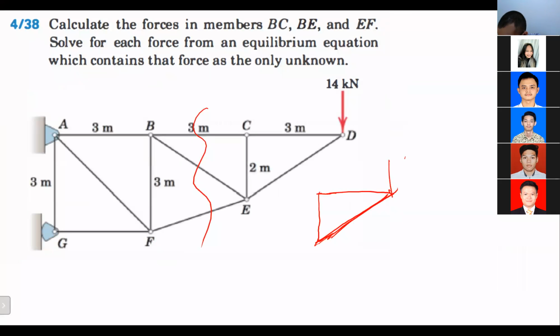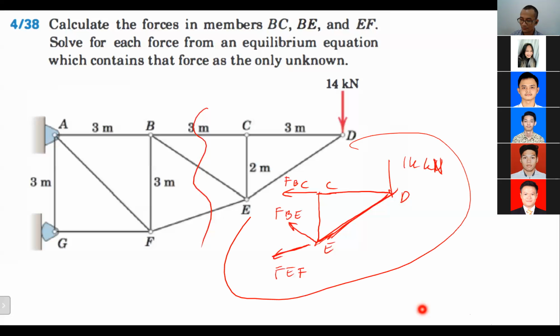Okay, 14 kilonewton. Then we have point E and C. Then we have FBC here as an external force. Then we have FEF as an external force. Then we have FBE as an external force. So this is the free body diagram that we need to solve now.